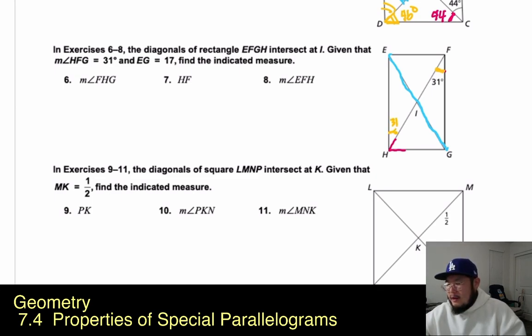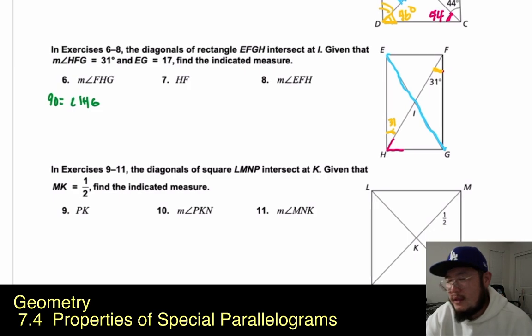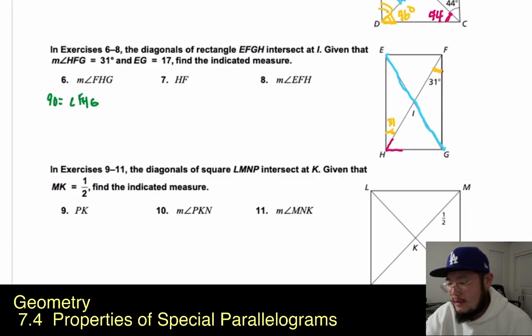Well, then how do I figure out this angle IHG? Well, remember, we have a rectangle. In a rectangle, the vertices happen to be 90 degrees or perpendicular. So what I can do is take 90 and set that equal to angle FHG, since that's our problem, plus 31, and that'll get us that missing angle.